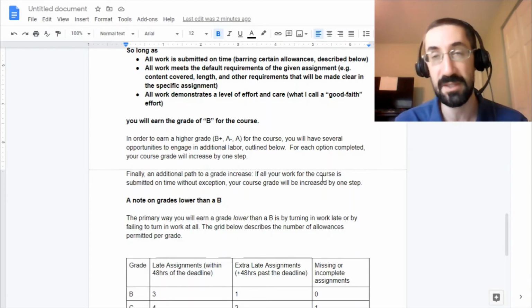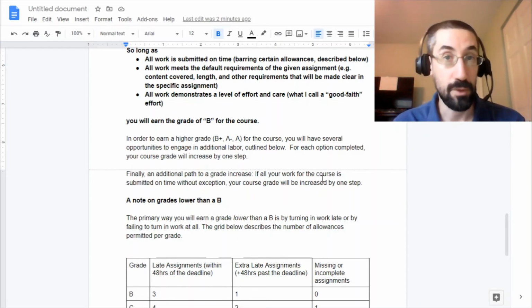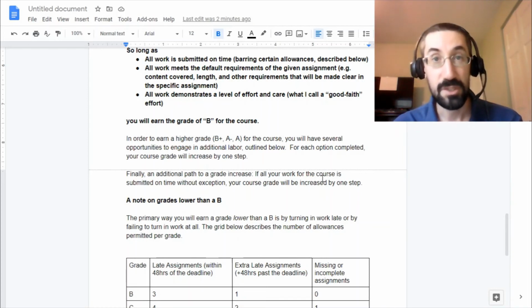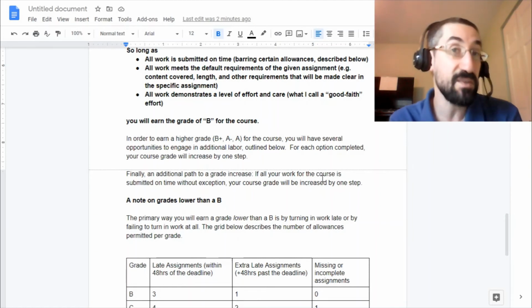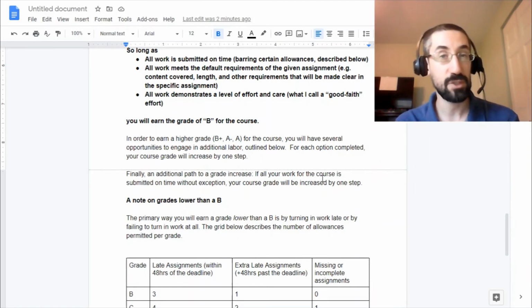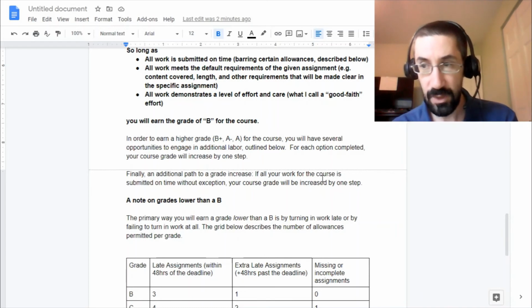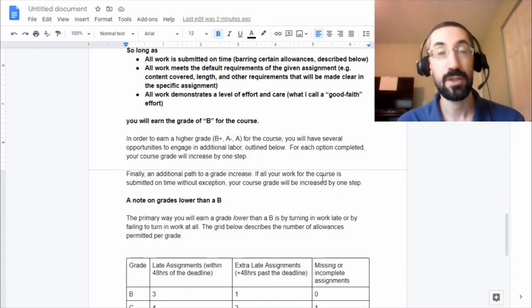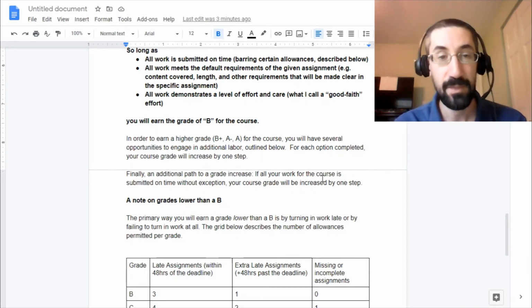But to give you some examples, some weeks I'm going to ask you to do peer review with a partner in your group. One of the extra labor options might involve not only providing peer feedback to that specific member of your group, but providing feedback to all of the members of your group. So instead of just providing one set of peer responses, you're providing 3 or 4 sets of peer responses, depending on the context.